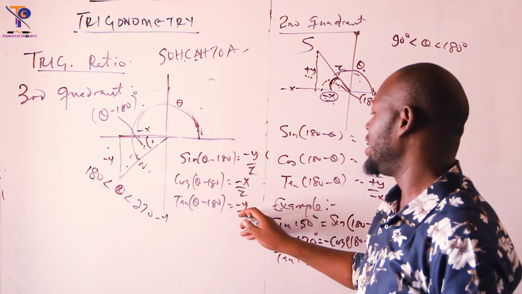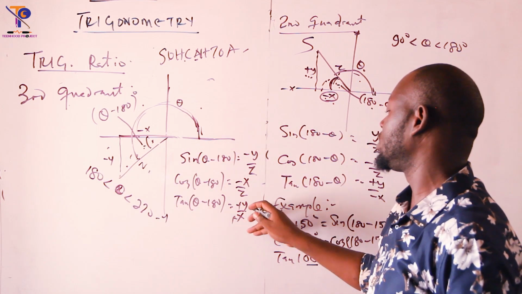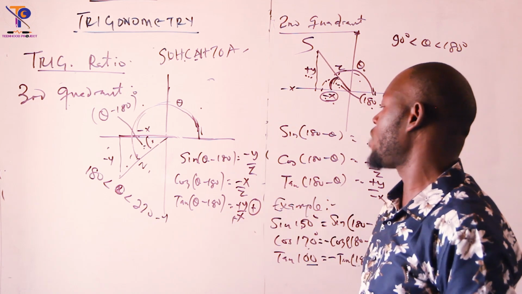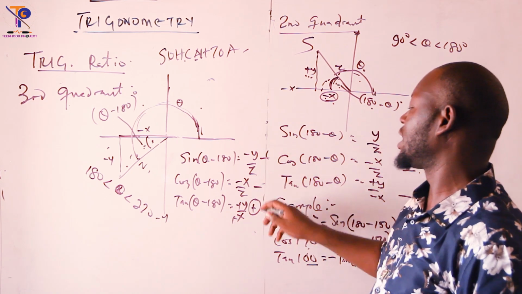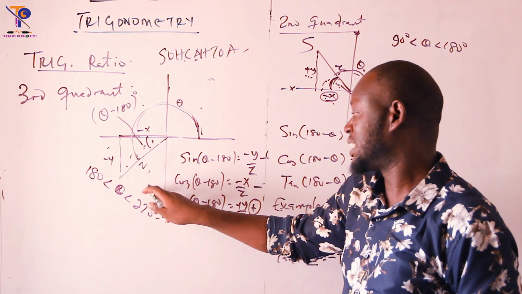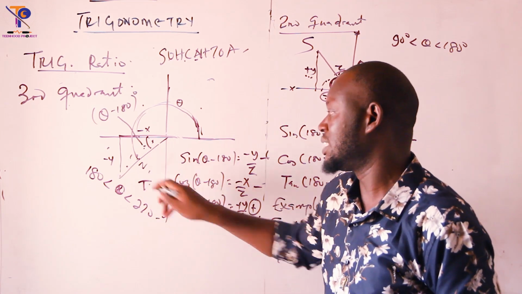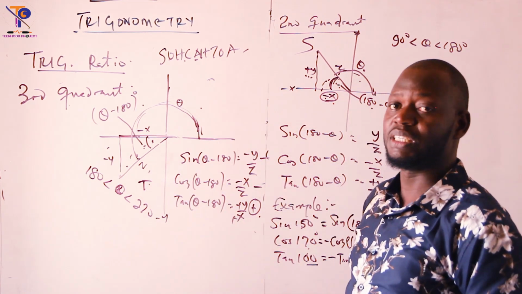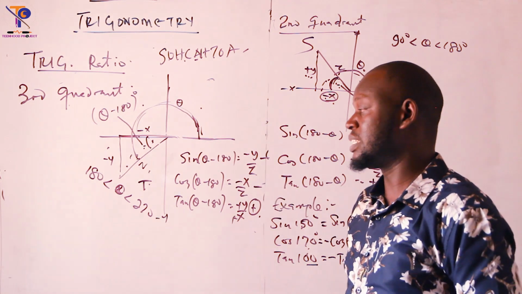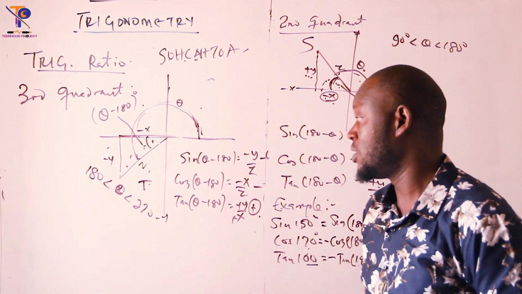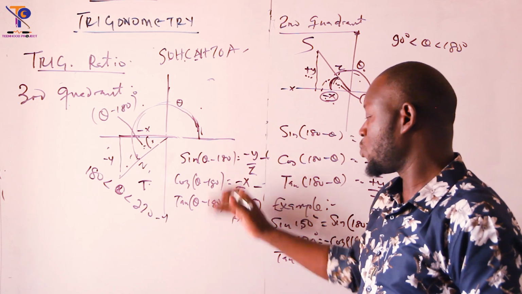Minus cancels minus, which becomes positive eventually. This one is negative, this one is negative, this one is positive. So it's tangent that is positive here, that is t. Don't forget here it is a, and here is s, and on the third we have a t. So that is what we have here.